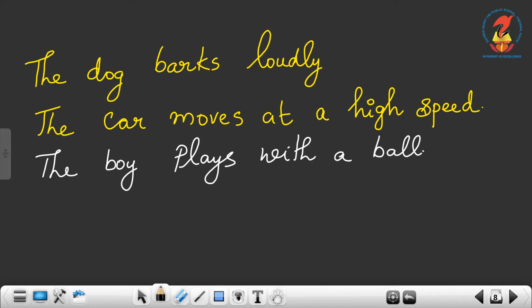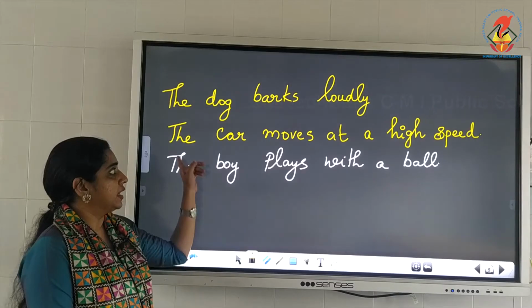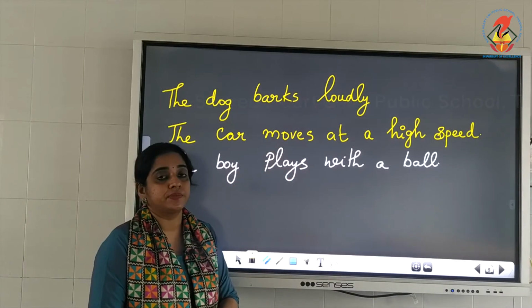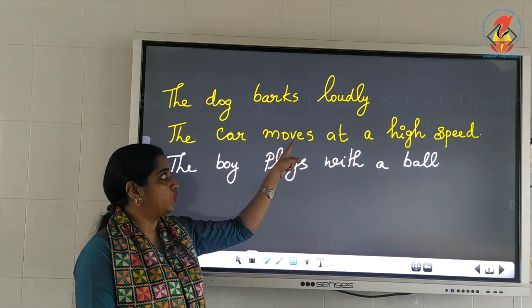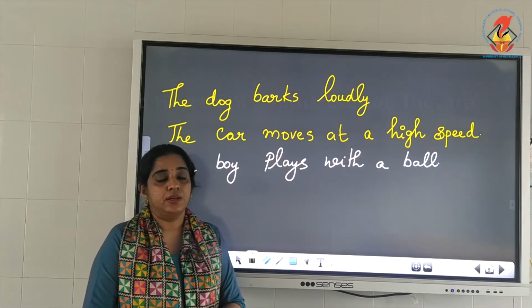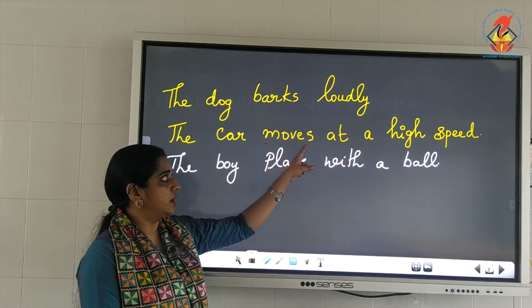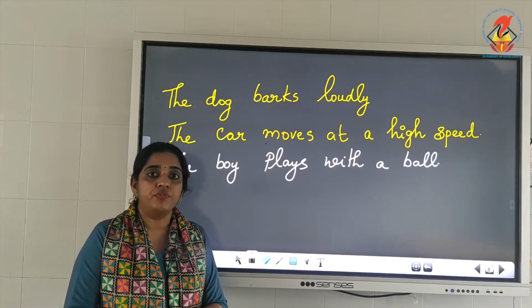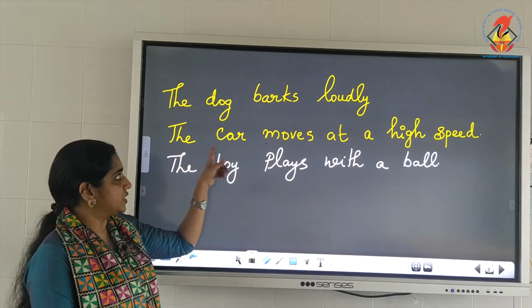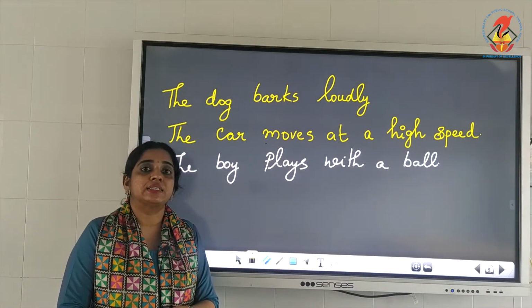The dog barks loudly. Barks. You see one s after the verb? Barks. That is the verb. The car moves at a high speed. Why did I use moves here? Why can I not use move? Because here the subject, the car, is singular.